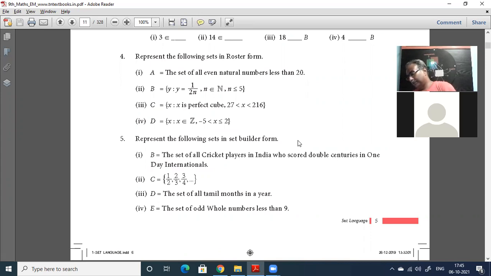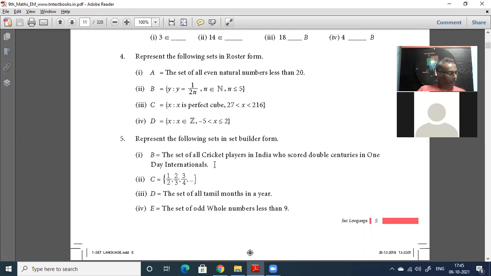Take my text. 1.15. Represent the following in set builder form. First one, the set of all cricket players in India who scored double centuries in one-day internationals.